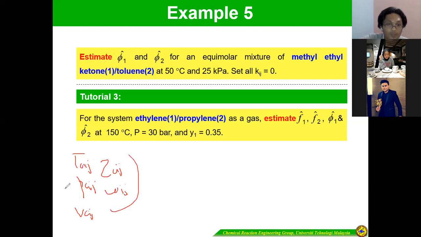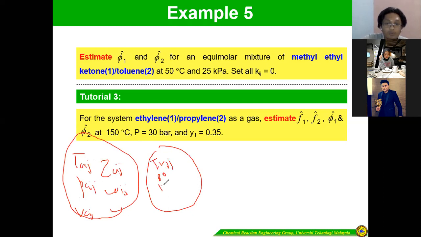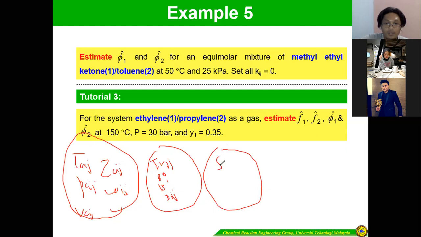This is the first step. The second step is Tr_ij, B0, B1, B_ij. And then you have to calculate delta_ij.